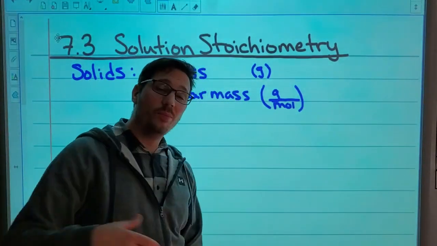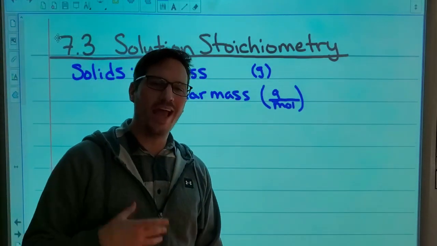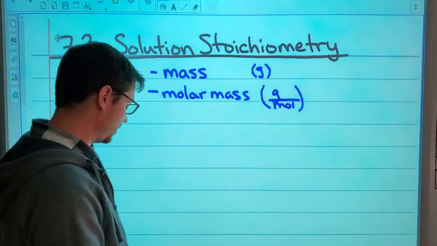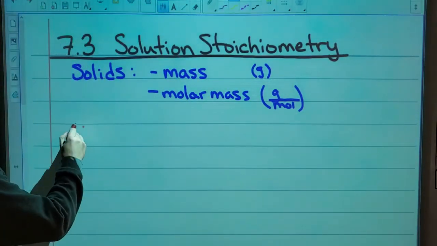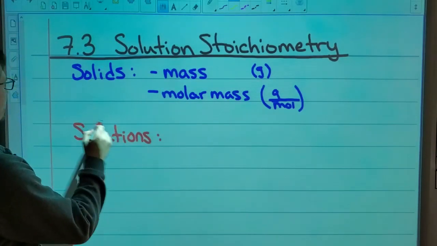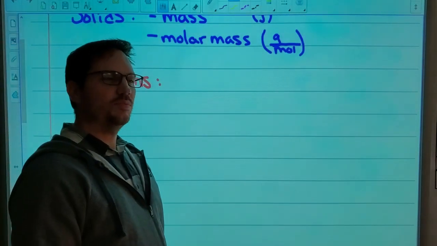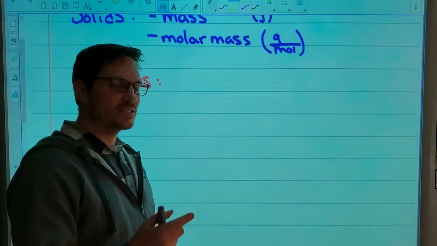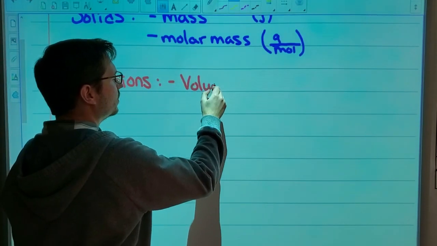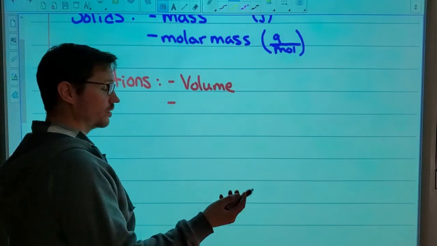Now we want to talk about solutions, so we better switch our mindset to how we define the quantity of a chemical in a solution. Solutions are still defined by two things, except instead of the mass and the molar mass, it's defined by the volume and the amount concentration, or molar concentration.